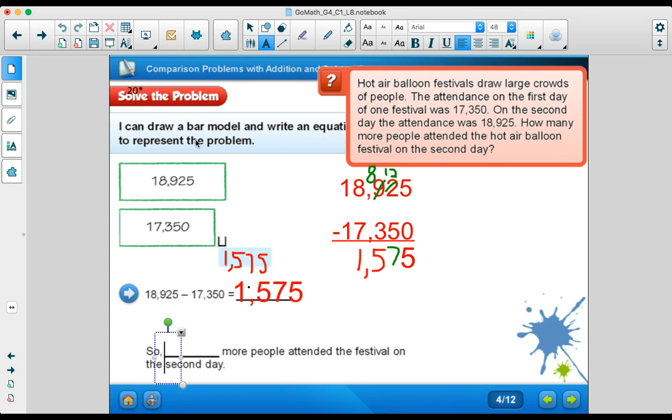So, once again, 1,575 more people attended the festival on the second day. Now, here's a bar model to represent that. So that is definitely one way you can use to help you solve a word problem. Okay, let's turn to the next page.